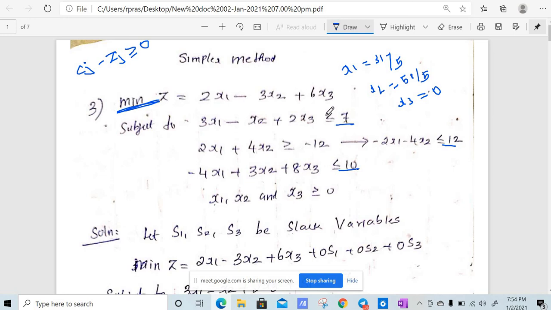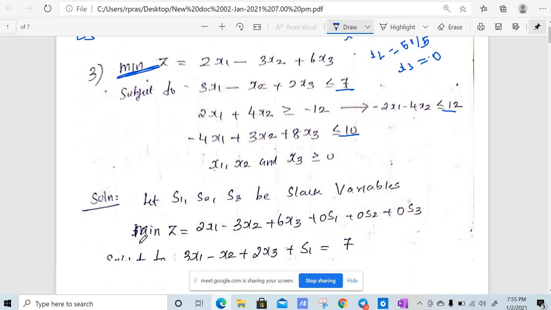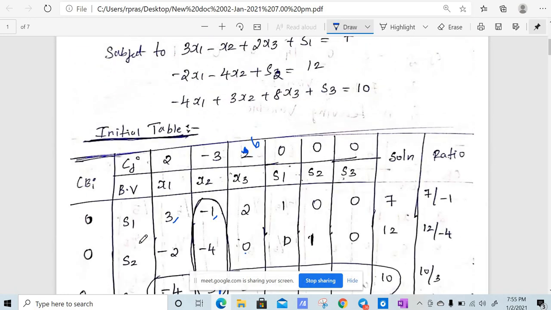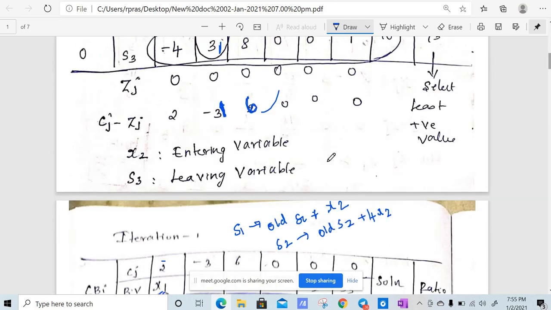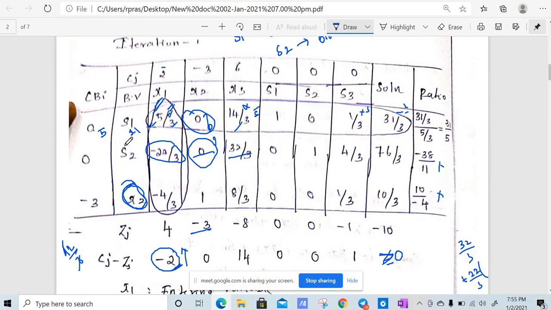The only thing is we need to add slack variables, and then we need to check whether Cj minus Zj is less than or equal to 0 or greater than or equal to 0, and you can stop when all values are less than or greater than, depending upon maximum or minimum. Then in the last iteration table you will get the values for x1, x2, x3, and if you can't get values you can take the value to be equal to 0, and here you will have the maximization or minimization value. So that's it.